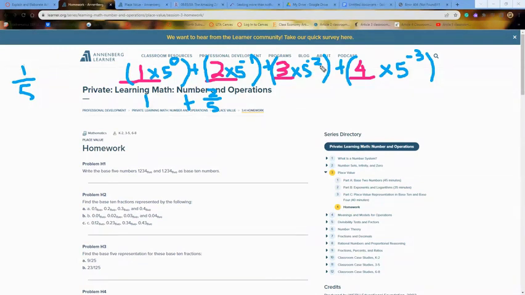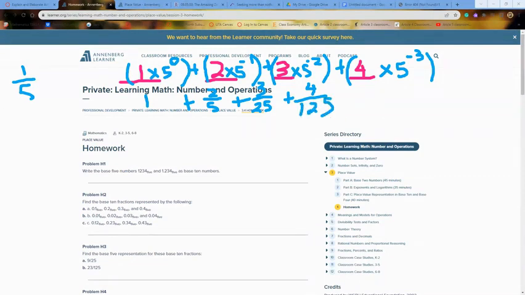Okay, so then we'll have 2 5s in the denominator. So it's going to be 1 over 25. So we're going to do plus 3 over 25 because that's what that will equal. And then we have 5 times 5, which is 25, times 5, which is 125. So this will be plus 4 over 125.